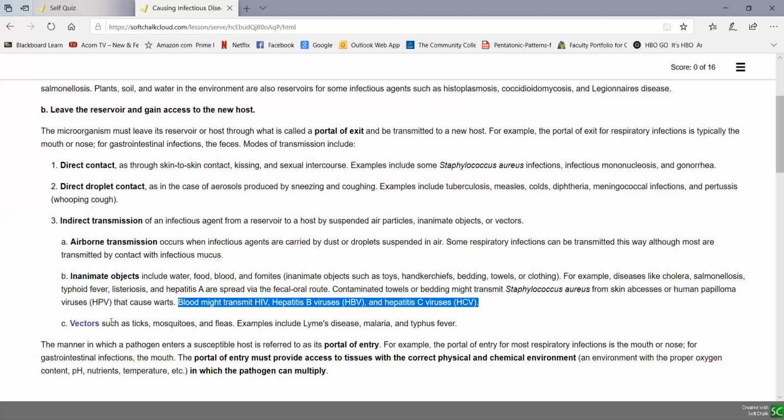And then vectors are things like ticks, mosquitoes, and fleas that transmit the microorganism to the human. Things like Lyme disease transmitted by the deer tick, malaria transmitted by an Anopheles mosquito.